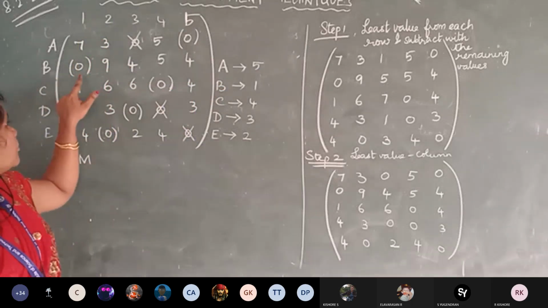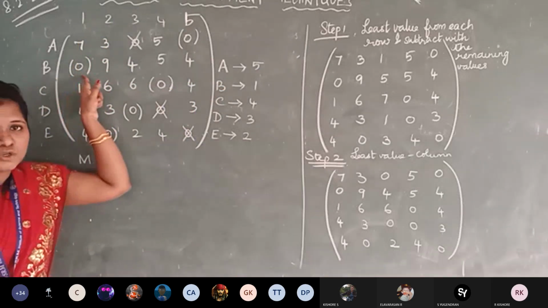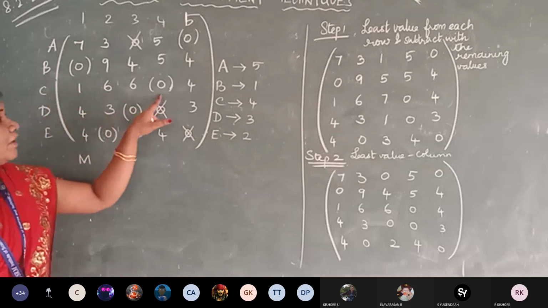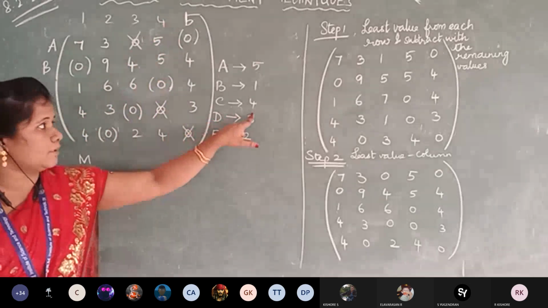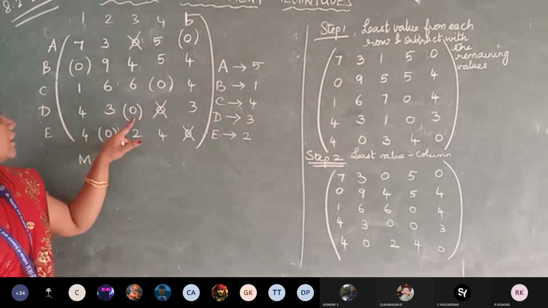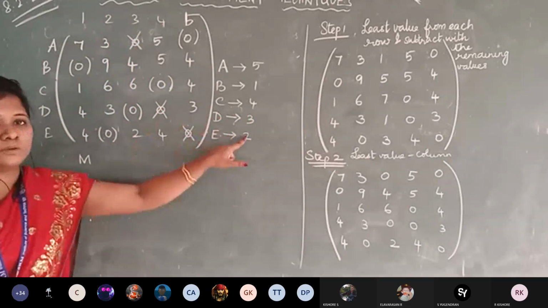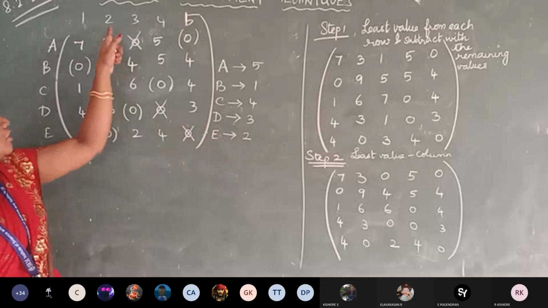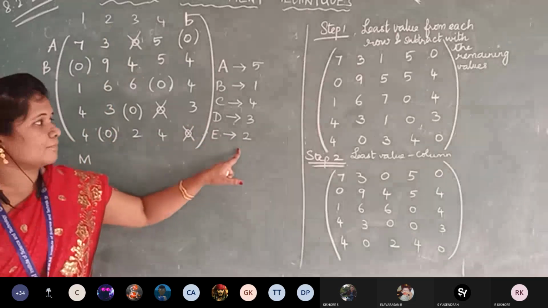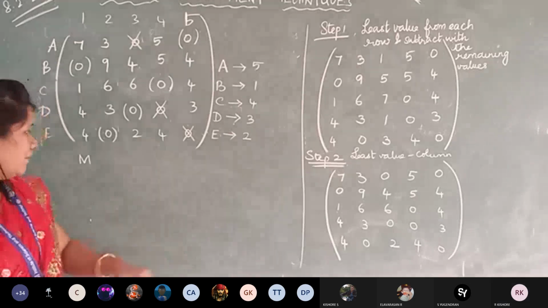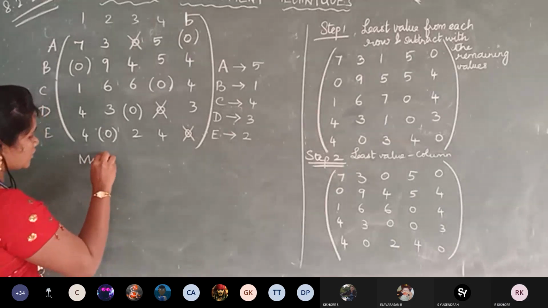And C, the corresponding job is 4. So C is allocated 4. Your D is allocated your third job, and your E is allocated your second job. Okay, now you have to find out your minimum cost.